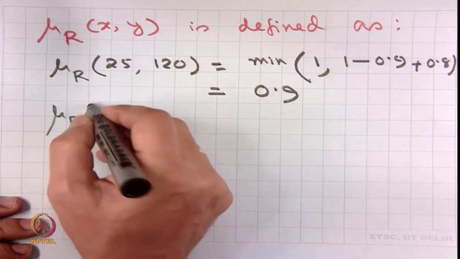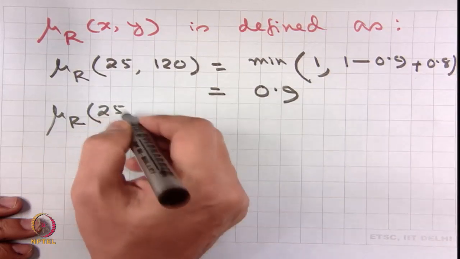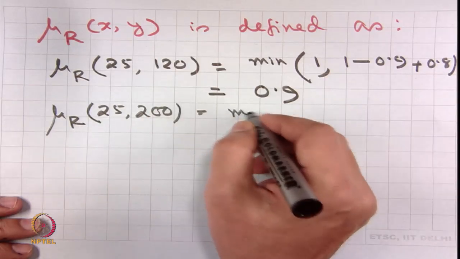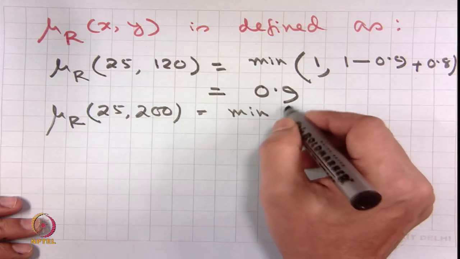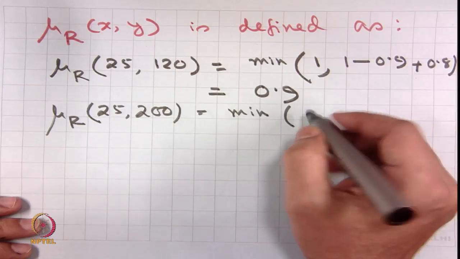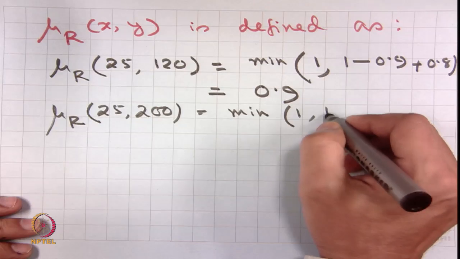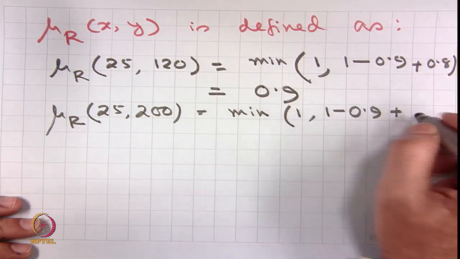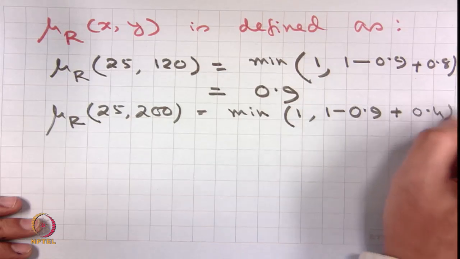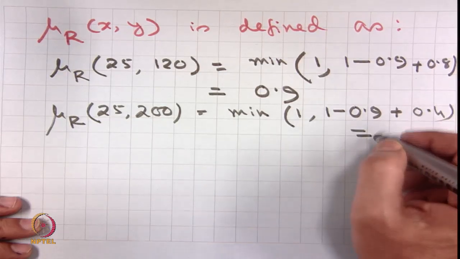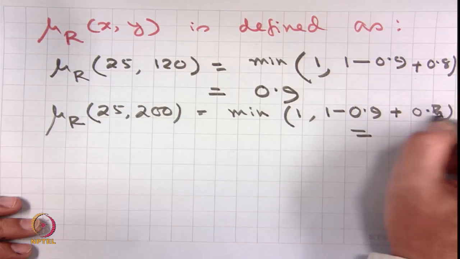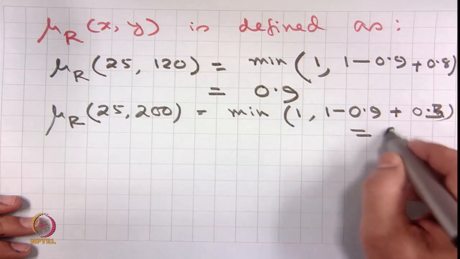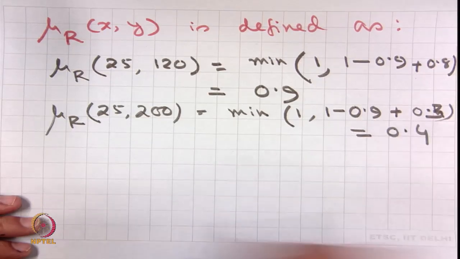Mu R of 25, 200 is equal to minimum of 1 and 1 minus 0.9 plus 0.3, which is equal to 0.4.